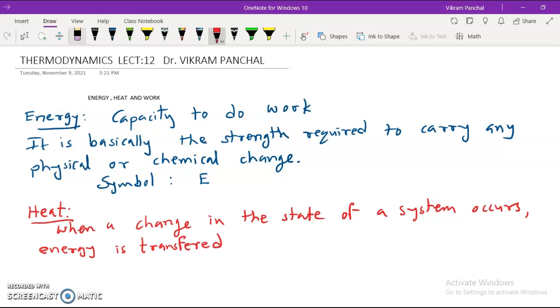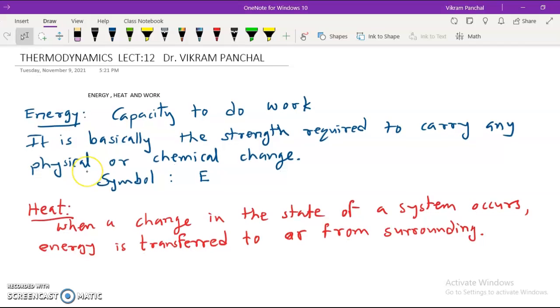And this transferred energy to or from surrounding is known as heat. So this is the way we can explain heat.